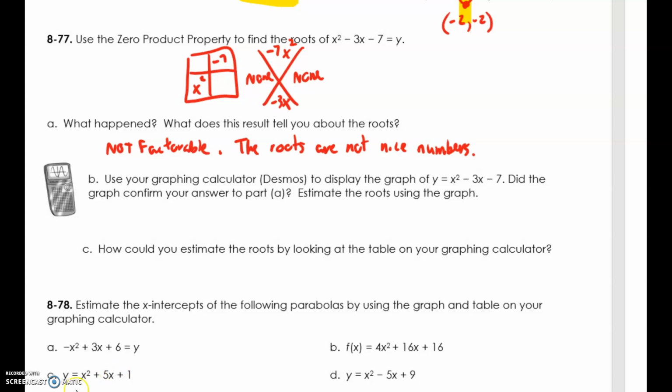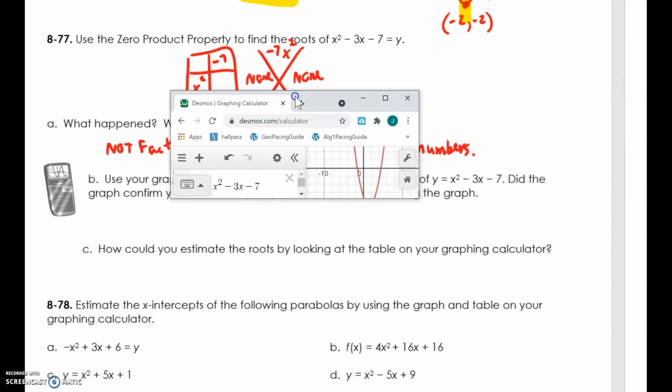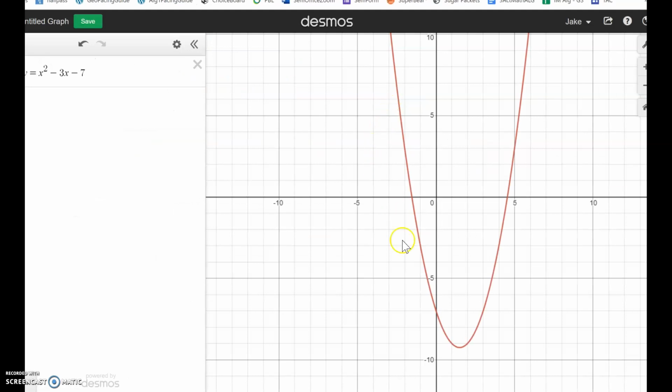Okay, so I'm going to pull up Desmos and show you the graph of it. I'm going to try to bring over the graph. I have it typed into Desmos. Hopefully you guys can see this graph. And when I'm looking for where the roots are, it looks like it's at -1.5 something and 4.5 something. So we can write those numbers down as the roots. And as we were talking about, those are not nice numbers.